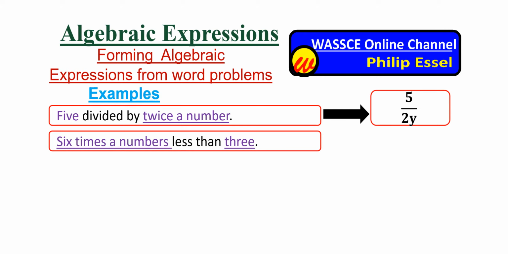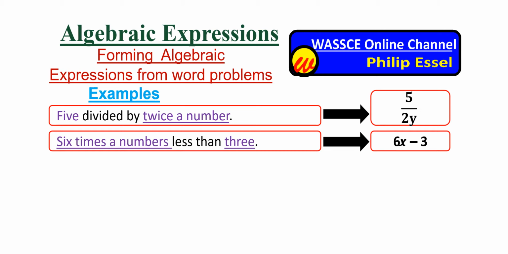Let's take our next word description, and it states 6 times a number less than 3. To be able to rewrite this into a mathematical expression, we would have to take the items in the sentence one after the other. So first we are being told 6 times a number. 6 times a number means 6 times an unknown variable.